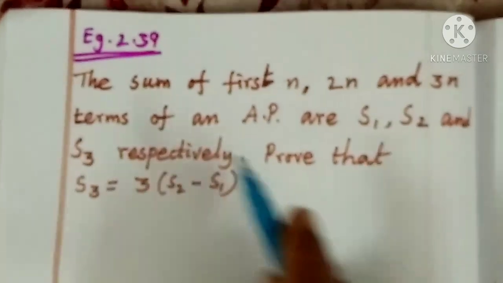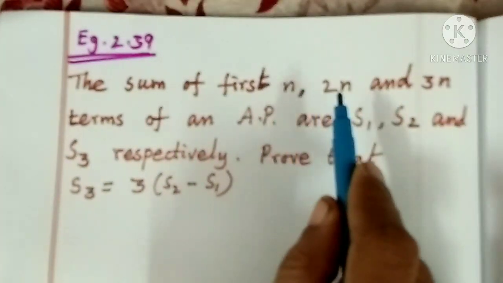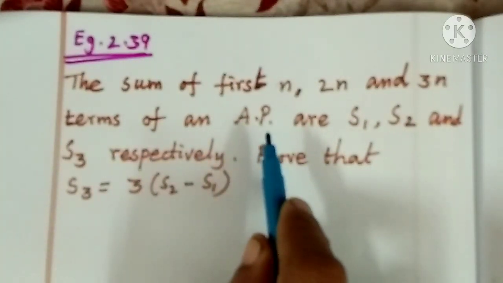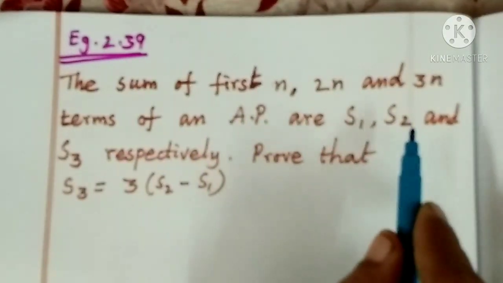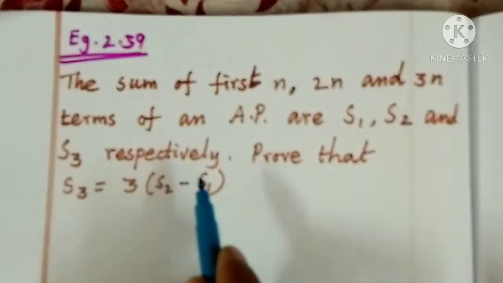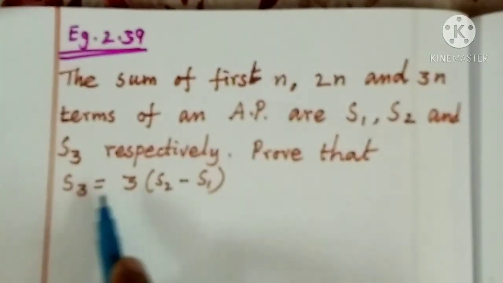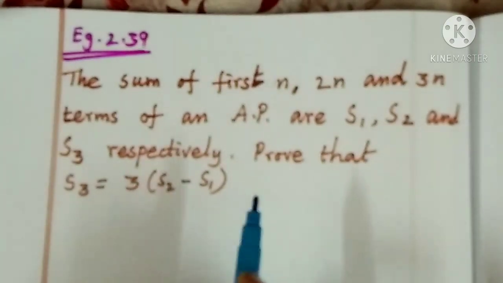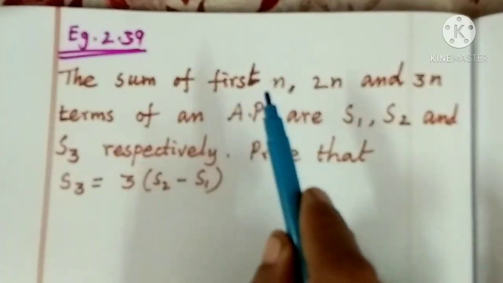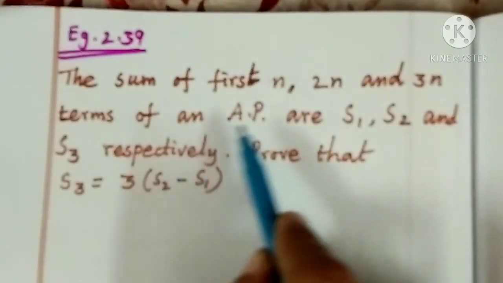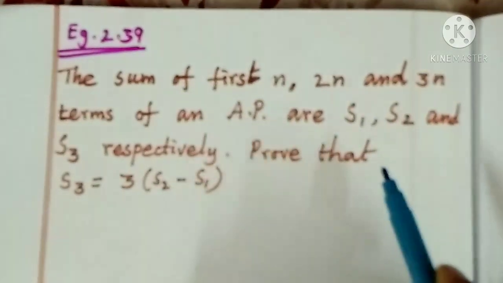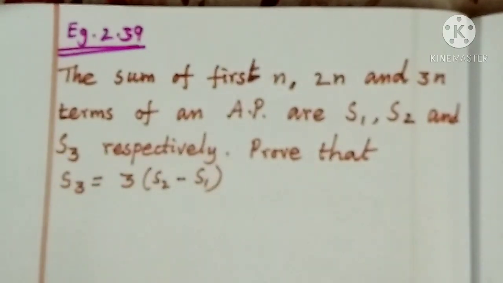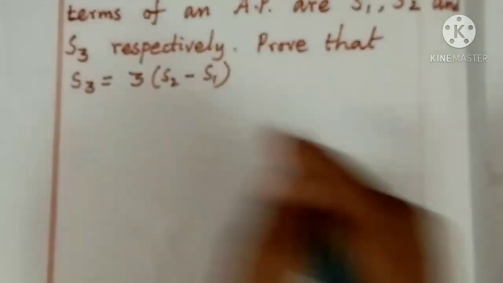See the question. The sums of first n, 2n and 3n terms of an AP are S1, S2 and S3 respectively. Prove that S3 is equal to 3 into (S2 minus S1). In this question, the sums of the first n, 2n and 3n terms of an AP are given. We have to prove the given statement. Let us do the solution.